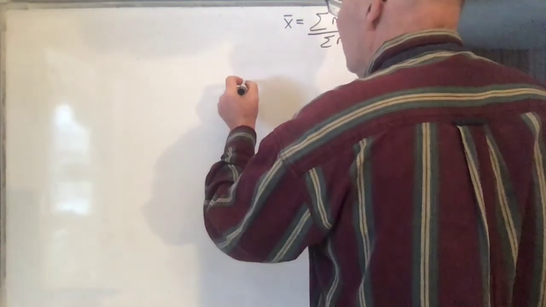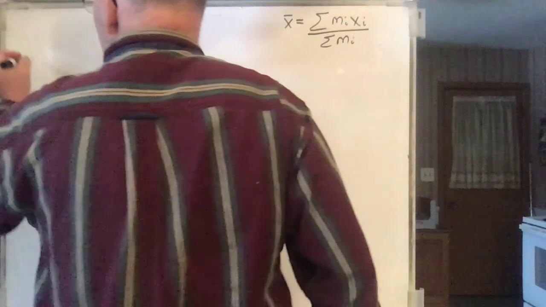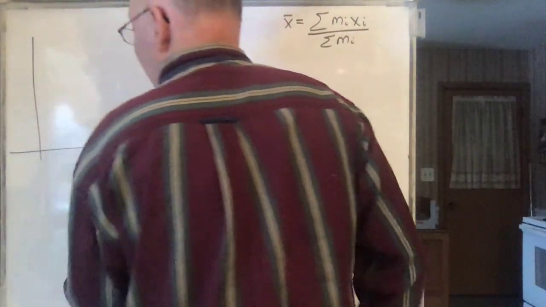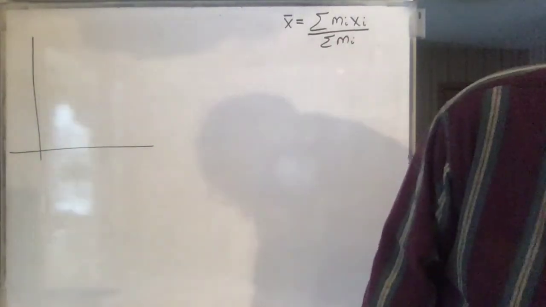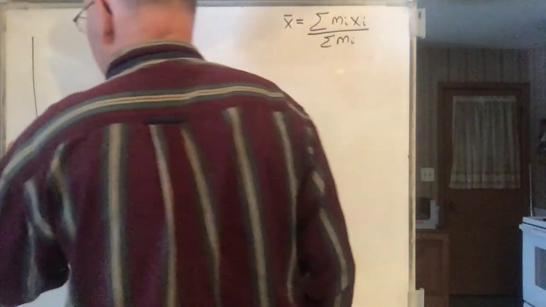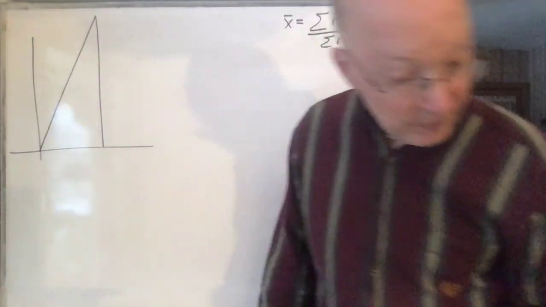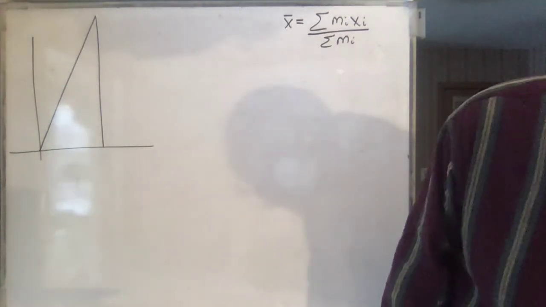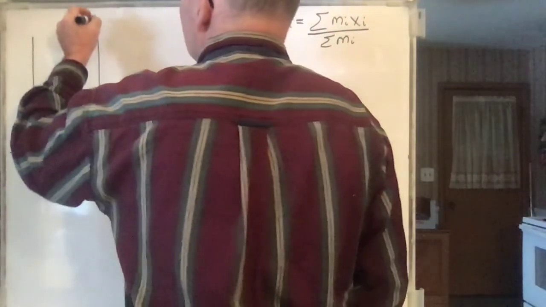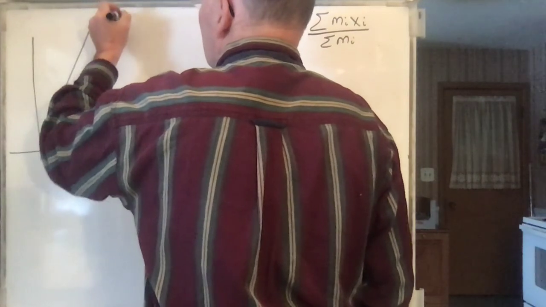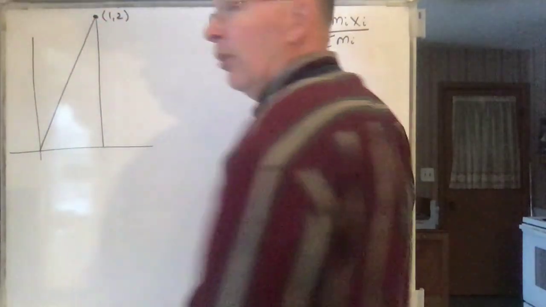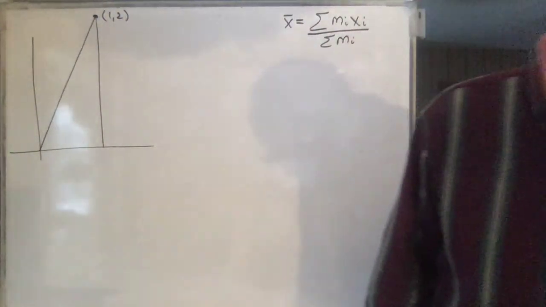So let's do this one over here. You've got a triangle like this, where that's the top point right there, 1, 2.